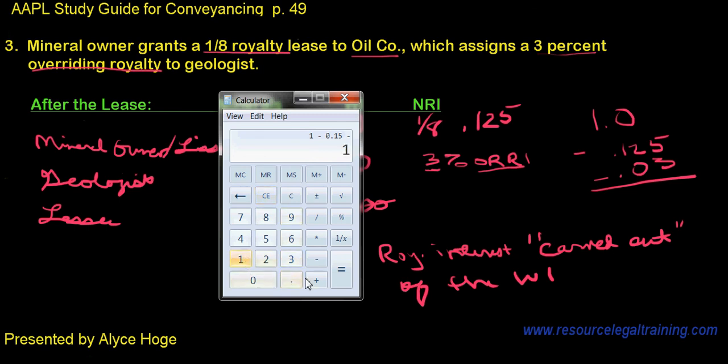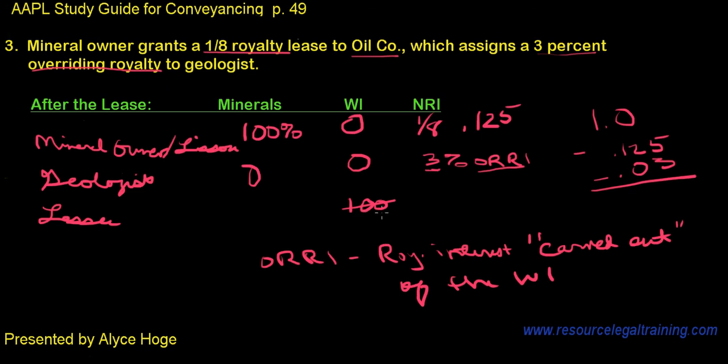So we've got 1 minus the 0.125 royalty interest, and then minus the 0.03 or the 3% overriding royalty interest. And that's going to give their interest as 84.5%.